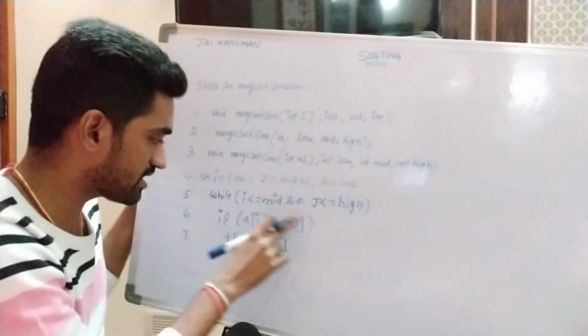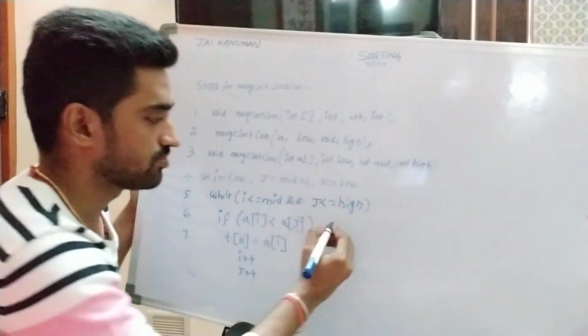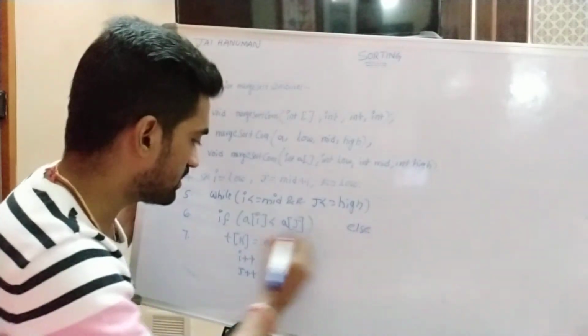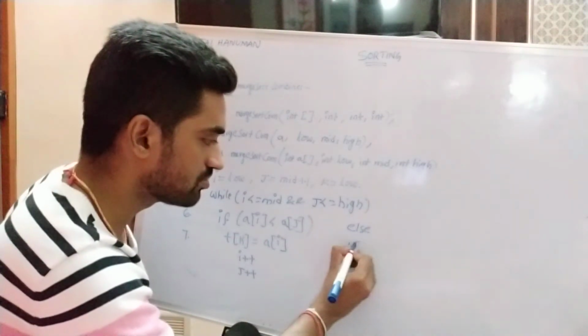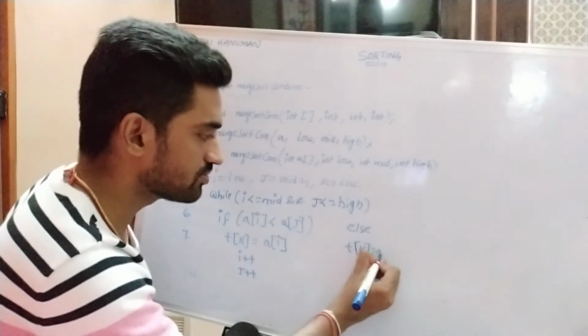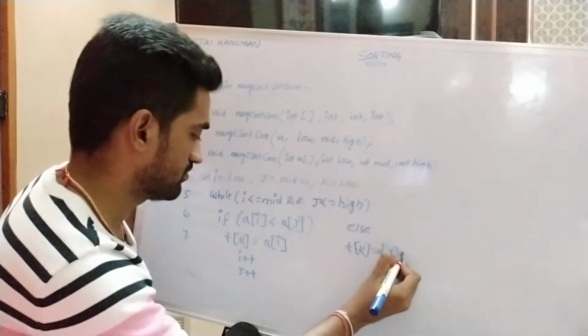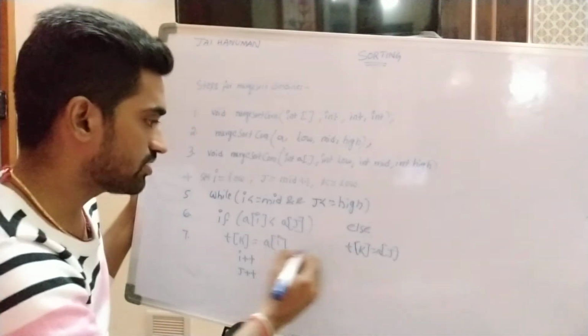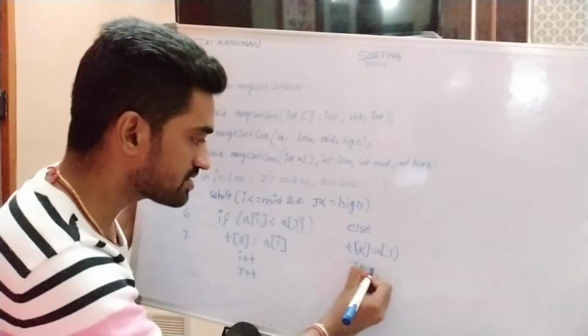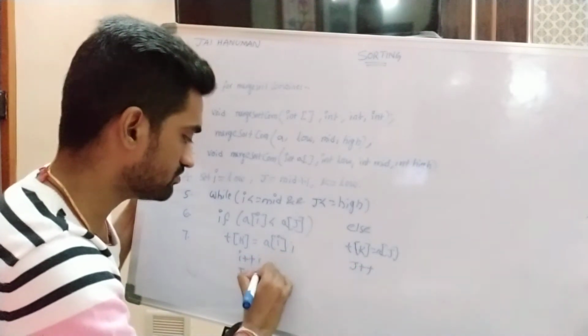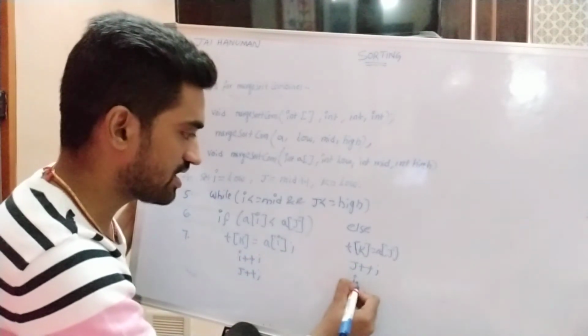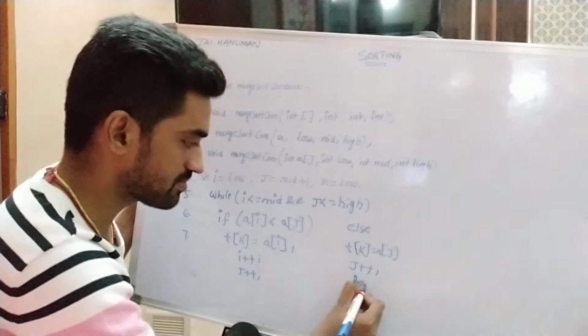So once this condition becomes a failure, in the else part I am writing t of k is equal to y of j, and we are incrementing j plus plus, k plus plus.